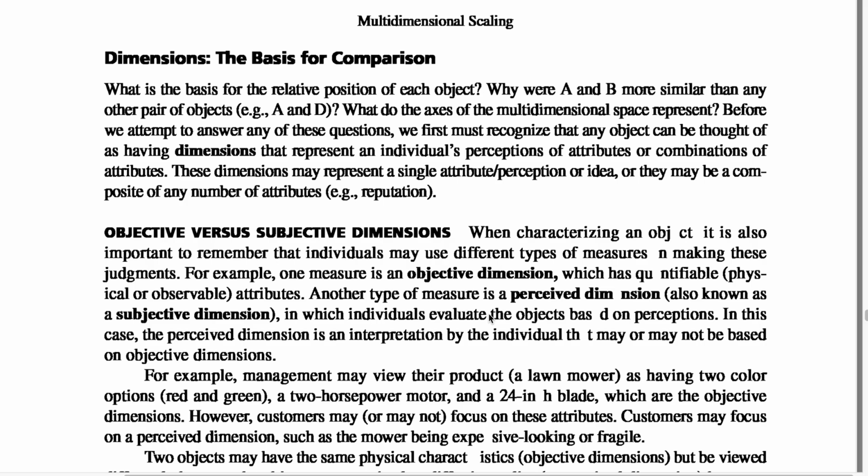Another type of measure is perceived dimensions, also known as subjective dimensions, in which individuals evaluate the object based on their perceptions. In this case, the perceived dimension is an interpretation by the individual that may or may not be based on objective dimensions.